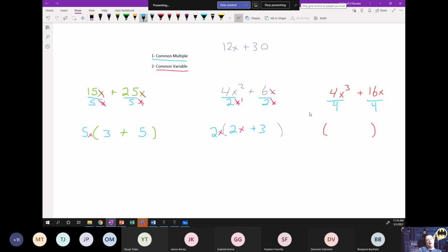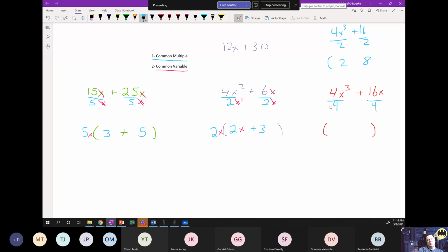Okay. Now, what might happen, as Yosan, oh, I got it, Yosan. I said Yoscan. You might do something where you do a common multiple first. Let me do this one. If I divide both these by 2, I'm going to end up with a 2 and an 8 in here. Then you can recognize you can do it again.